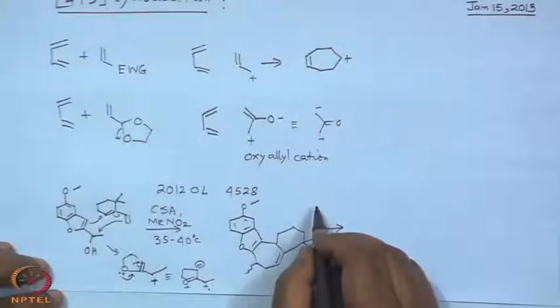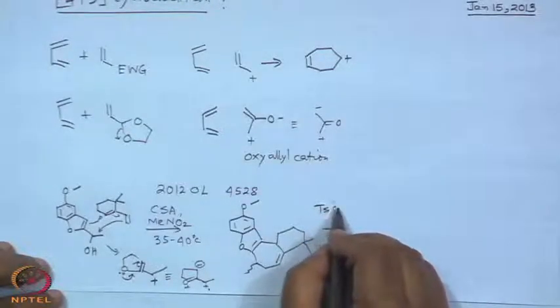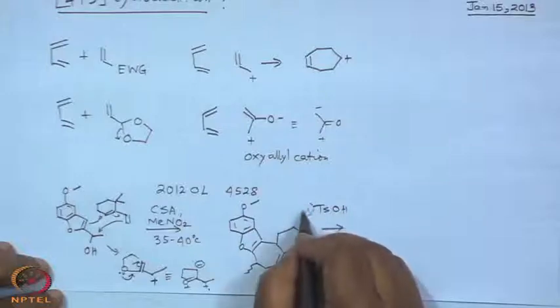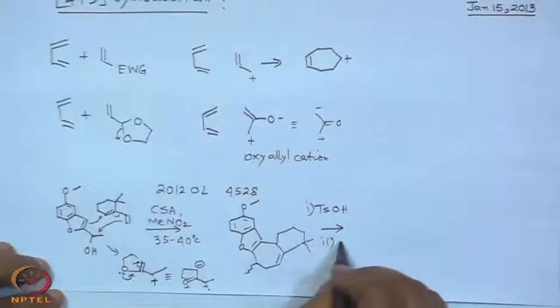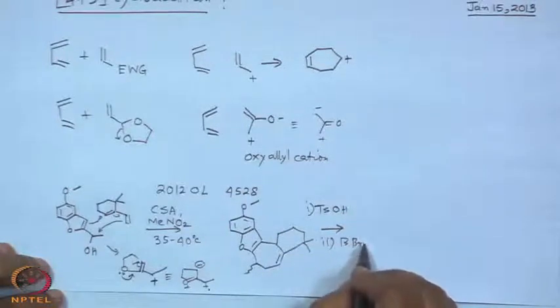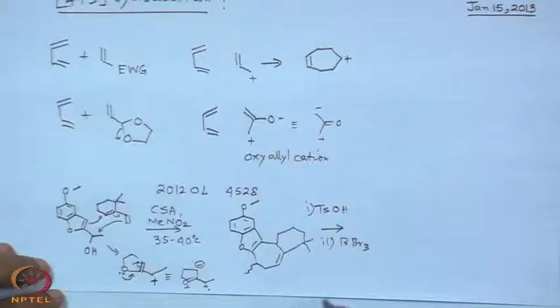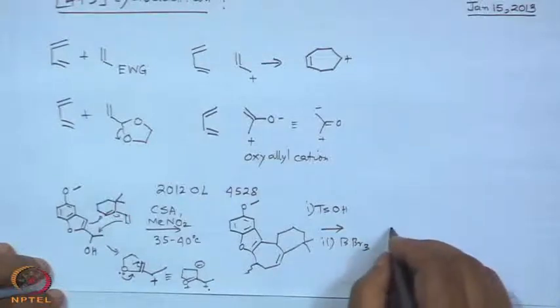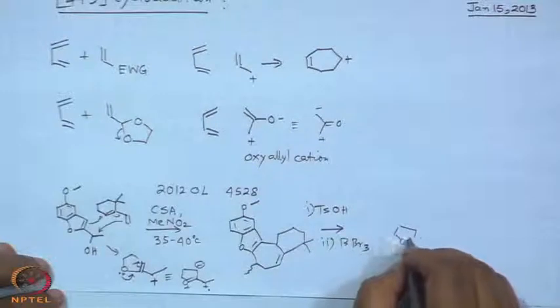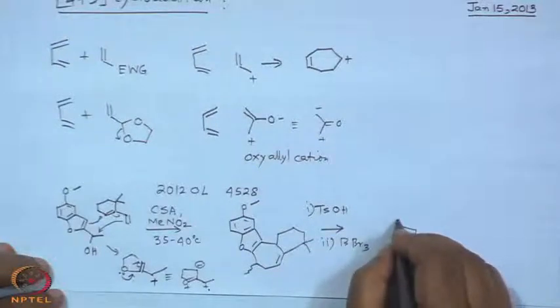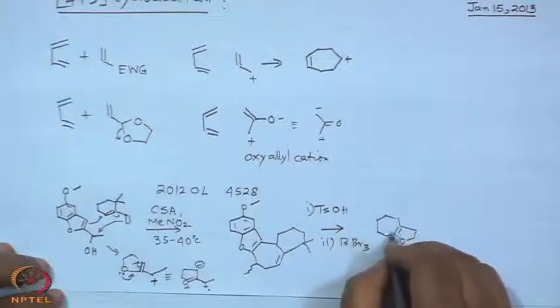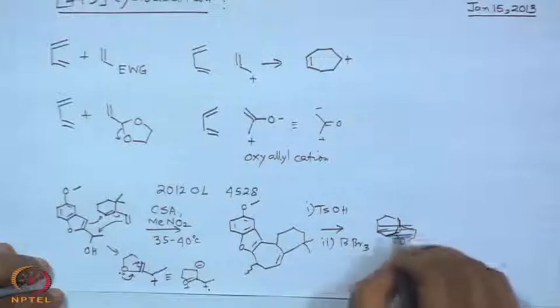And in this case, now if you treat this with paratoluene sulfonic acid, number 1, and then treat this with boron tribromide, so what do you get? You get the same, sorry.